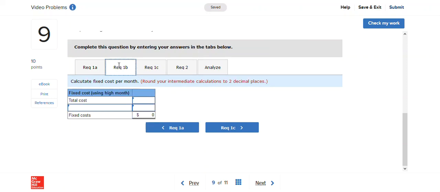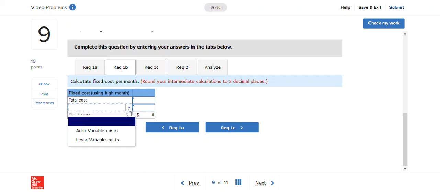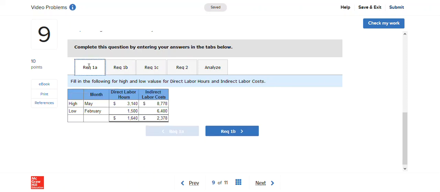So requirement B says calculate the fixed cost per month. Our total cost would be the fixed cost and the variable cost. So if we know our total cost and we can subtract out our variable cost, that will tell us what our fixed costs are.